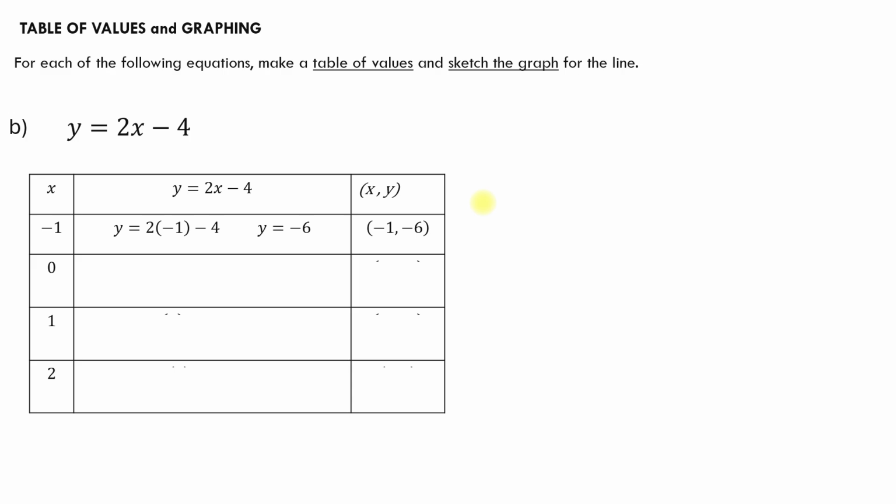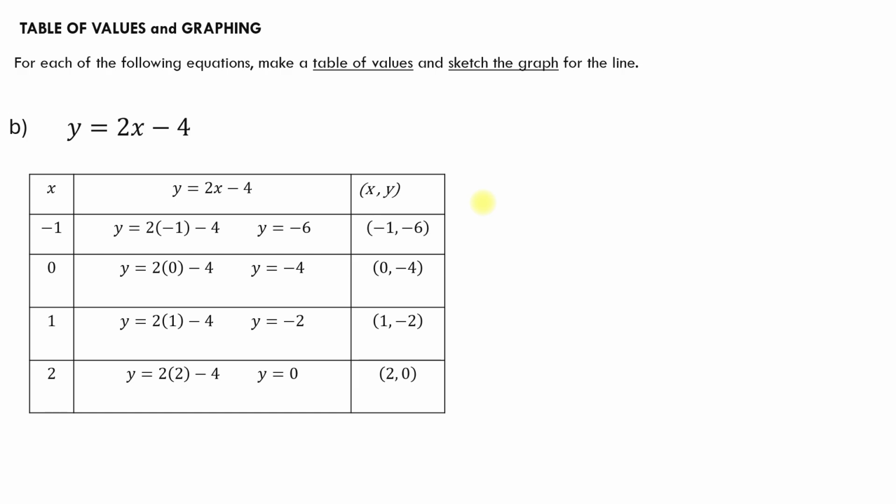If x is -1, y ends up being -6. Plug 0 into the equation, gives us a y value of -4. Plugging 1 into the equation gives us a y value of -2. And plugging 2 into the equation gives us a y value of 0.